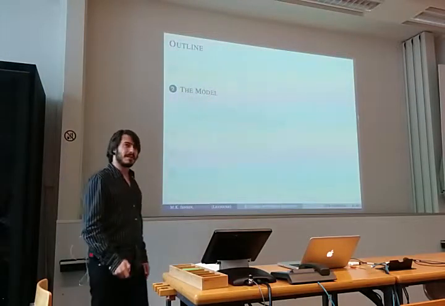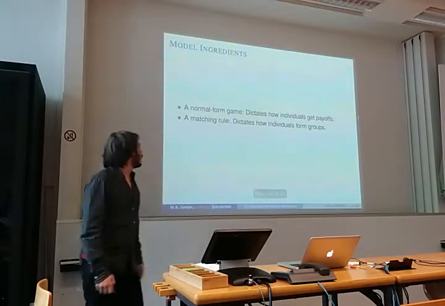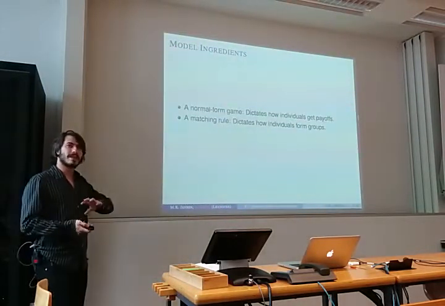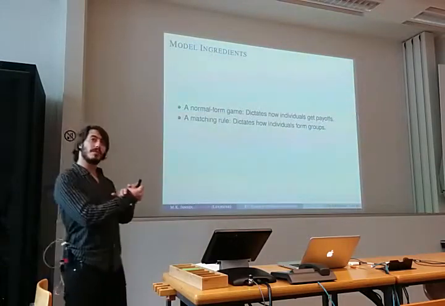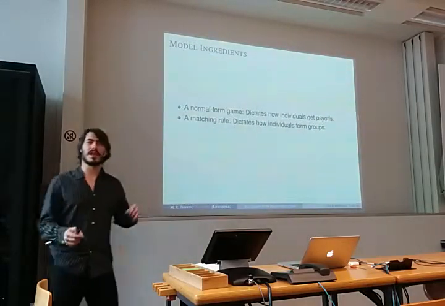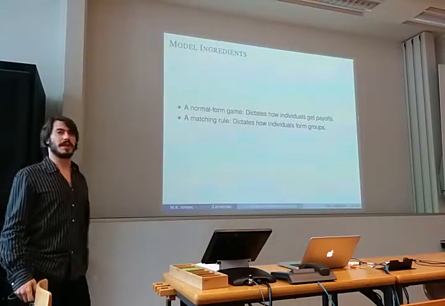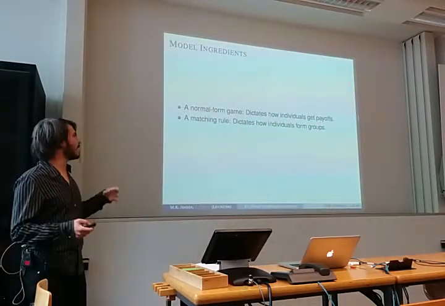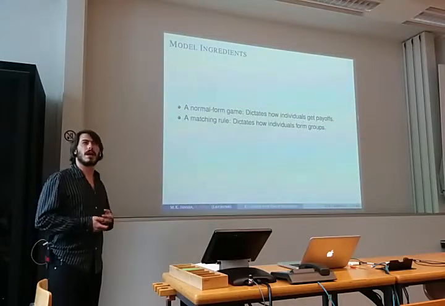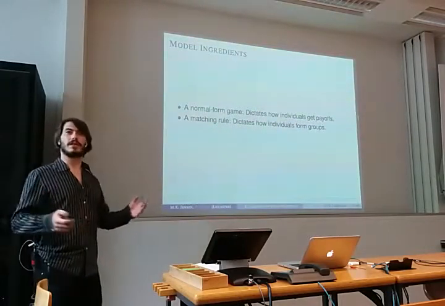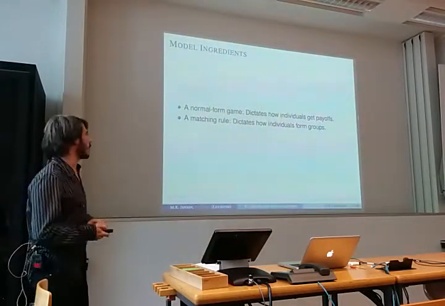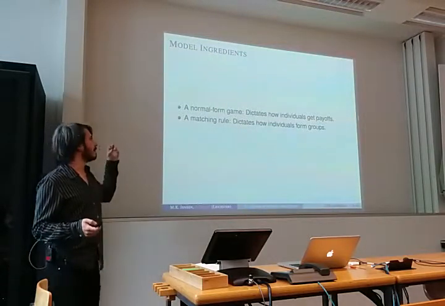So let me introduce you to the model. The model ingredients are going to be a normal form game. Think of that as a prisoner's dilemma to begin with. But it's much more general, as you will see. And so we have a normal form game, which is n player, m strategies, so it's general. And a matching rule.